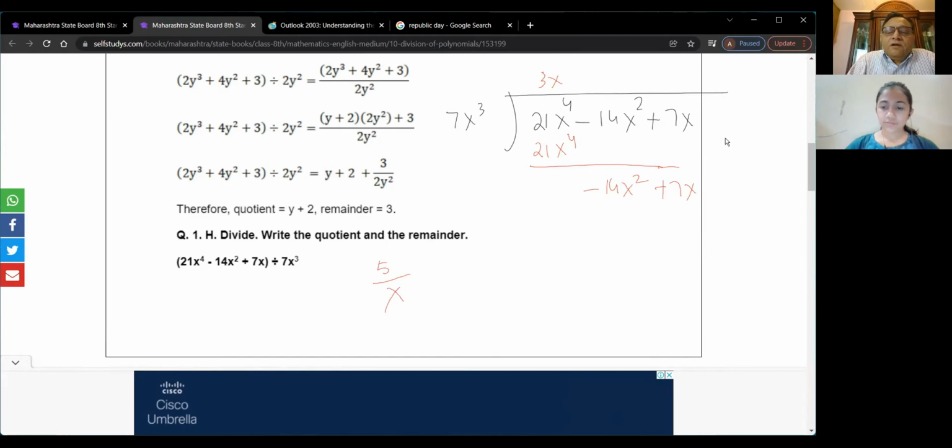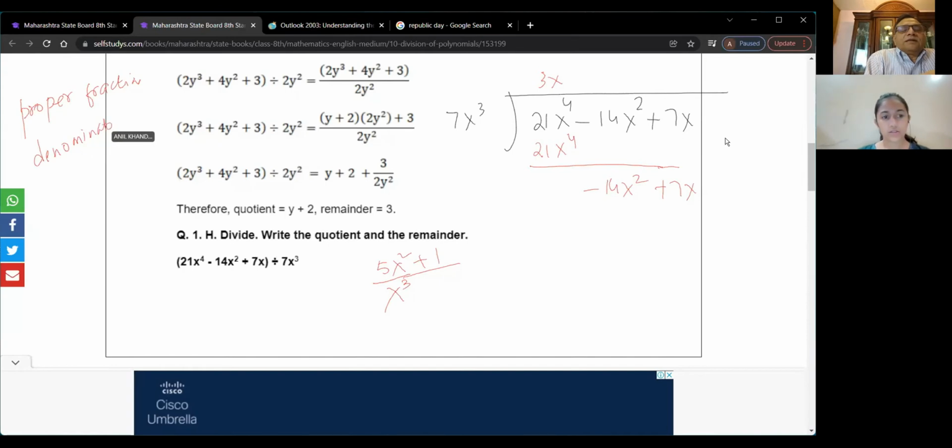If I have 5x square plus 1 divided by x cube, can you divide this by x cube? Because the denominator power is higher. You remember fractions? What is a proper fraction? Where the denominator number is greater than the numerator, correct? So in that case, here you see the degree of denominator is higher.